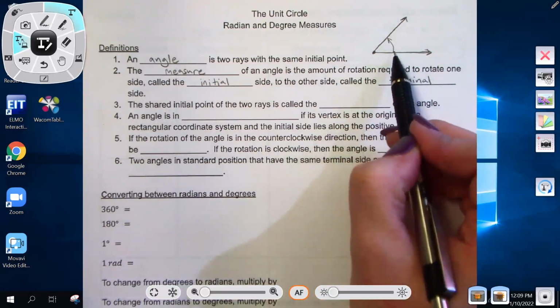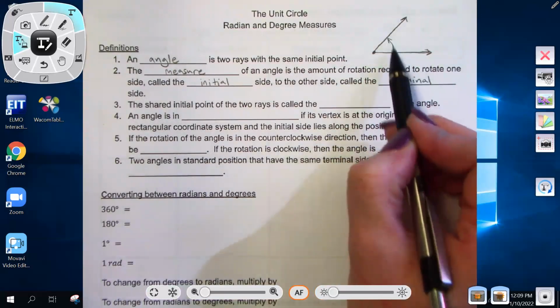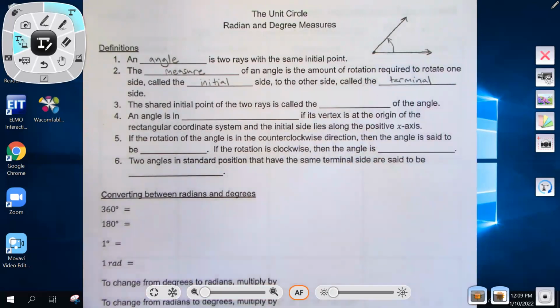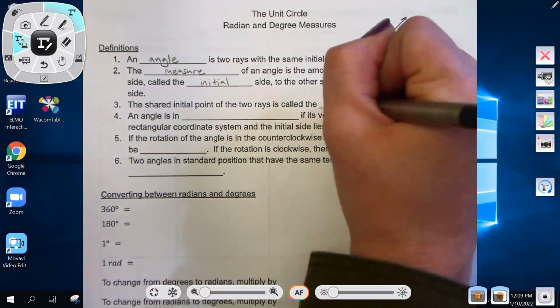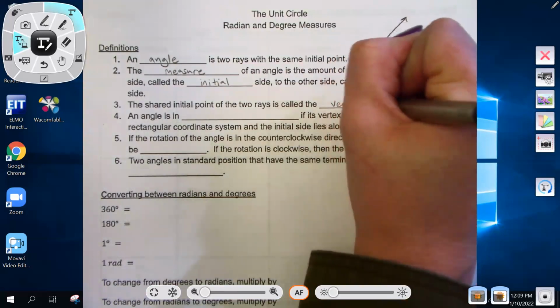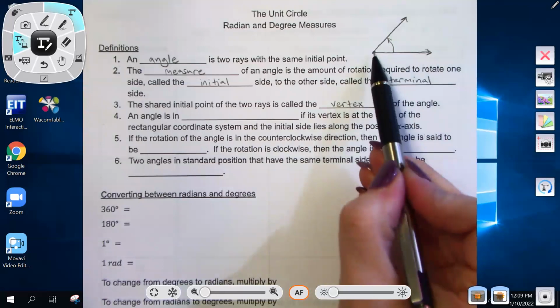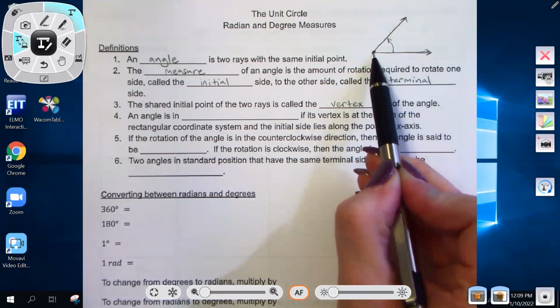So this amount of rotation is where your angle measure comes from, from one side to the other. Number three, the shared initial point of the two rays is called the vertex of the angle. So this point right here on this angle would be its vertex.